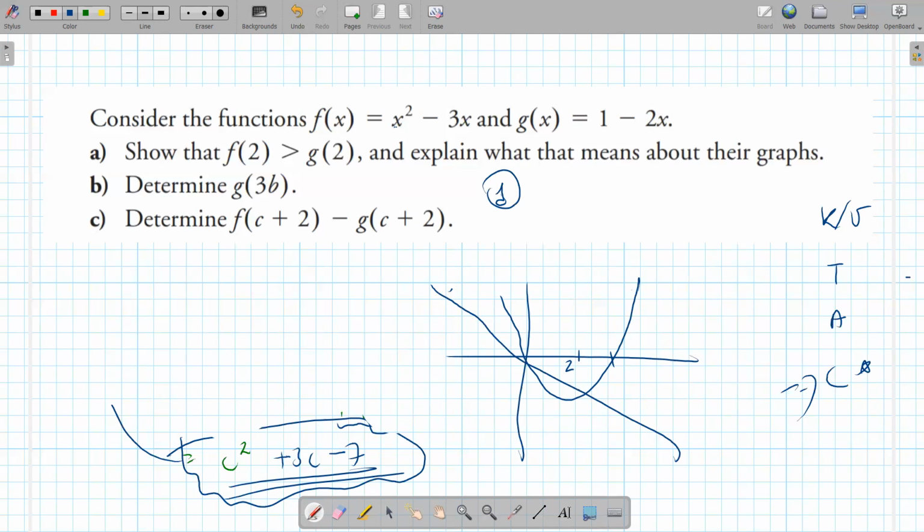So this was the answer to part A. Now for this question, part C, what this means is that for any arbitrary x value of c plus 2, the difference in the y values is this. Because this is a difference in the y value, right? F of something minus g of something. That's the difference in the y value. So the distance from this point to this point for an arbitrary x value of c plus 2 is this. That's what it means.